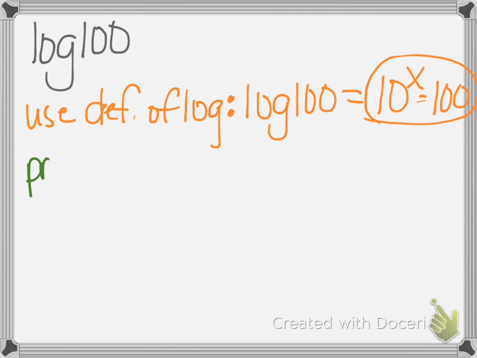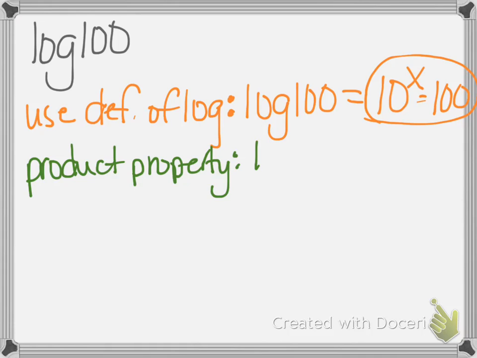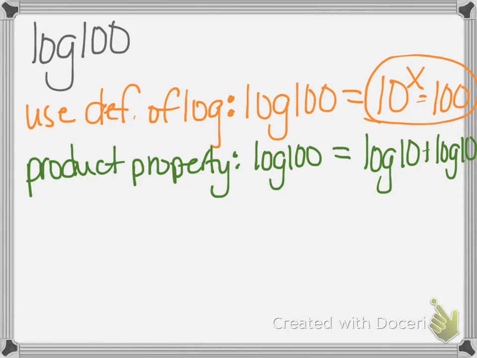If I use the product property, then log 100 could equal log 10 plus log 10. Because the product property says that if I'm adding two logs, I multiply the numbers. 10 times 10 is 100.